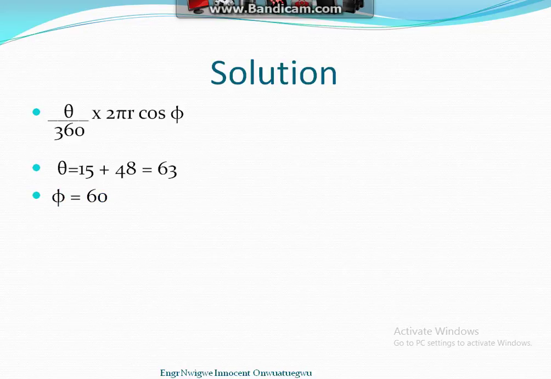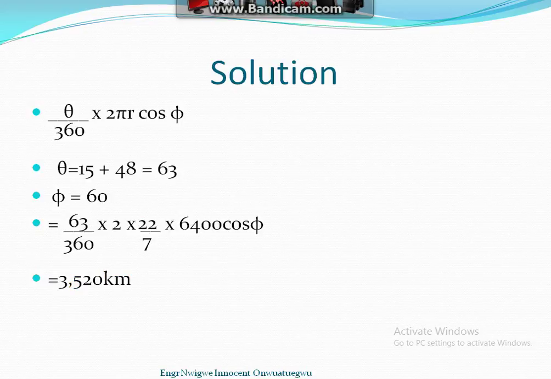From the question, phi is equal to 60 degrees. Then we have 63 over 360 times 2 times 22/7 times 6,400 cos phi, which gives us 3,520 kilometers.